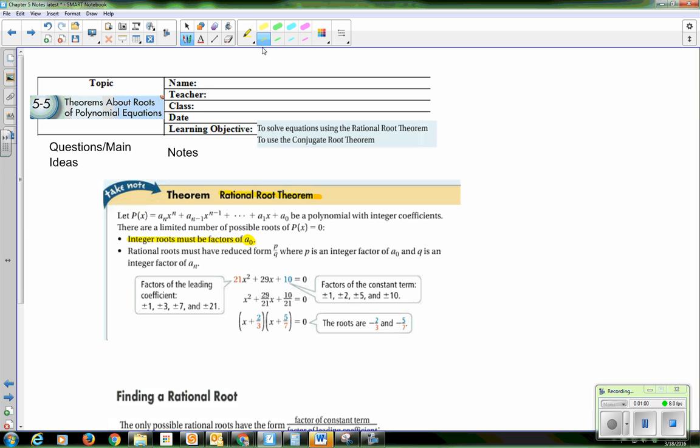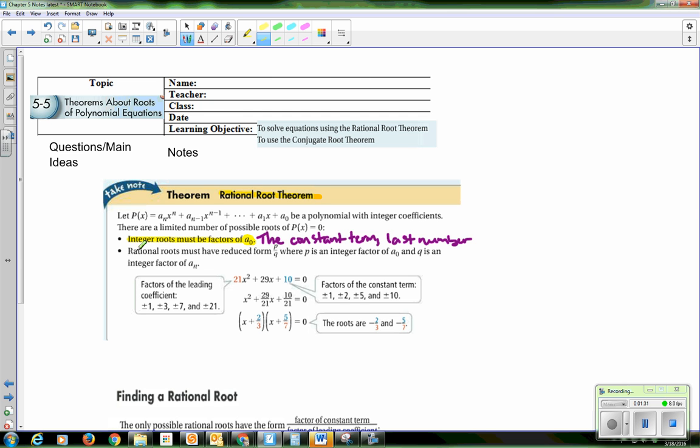And a sub 0 in layman's terms is the constant term, or the last number, the one without a variable on it.